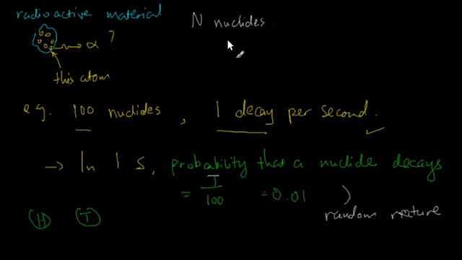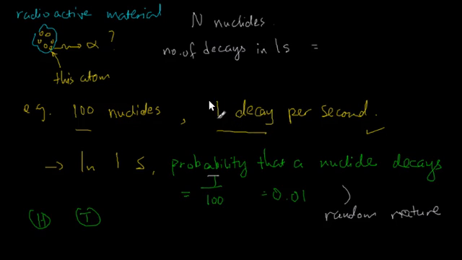So in 1 second, the number of decays would be, let's see, I was saying that probability is 1 over 100, and we know that if there are 100 nuclides, it's 1 decay per second.